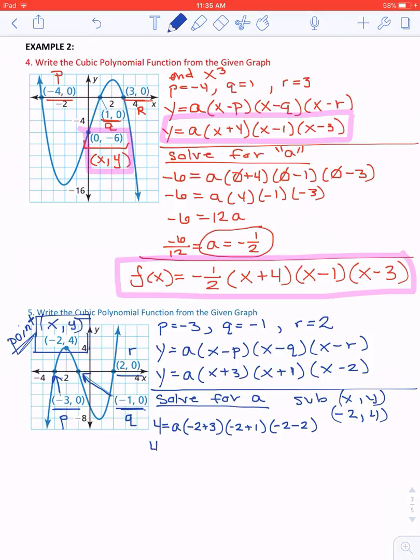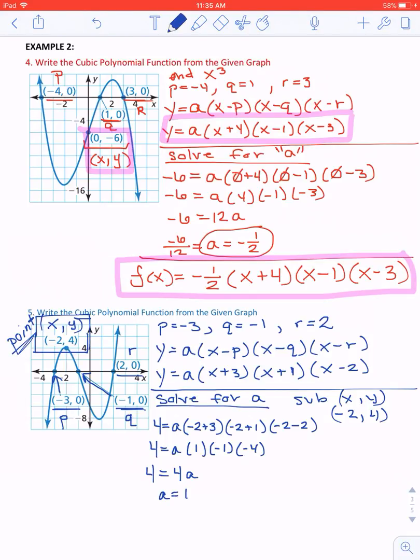Okay, so simplify that. So we got a 1, -1, -4. All right. So 1 times -1 is -1 times -4 is 4. So if 4 equals 4A, what does A equal? 1.